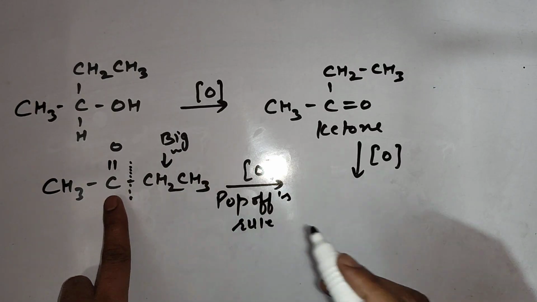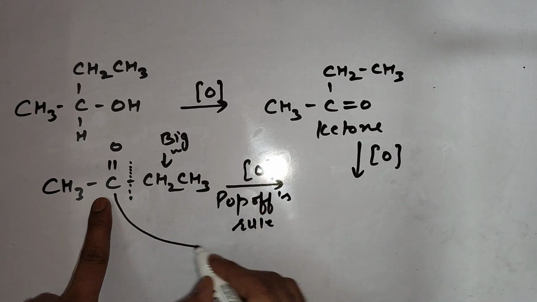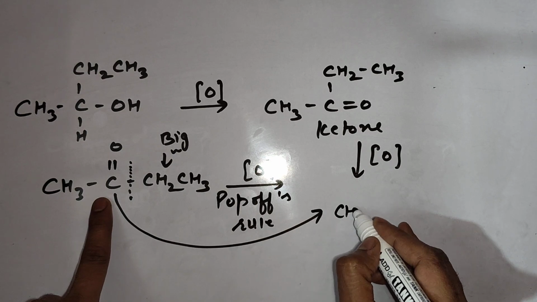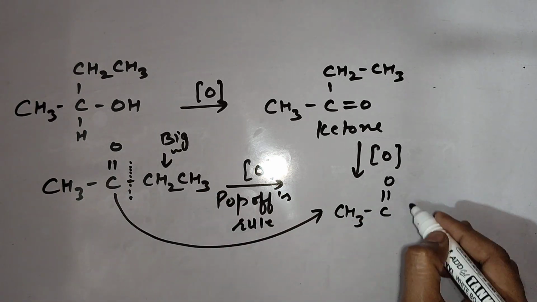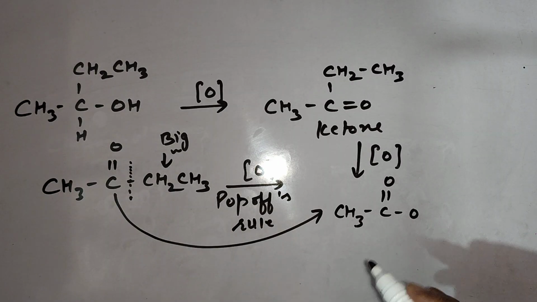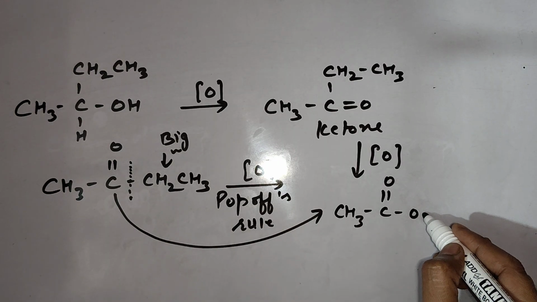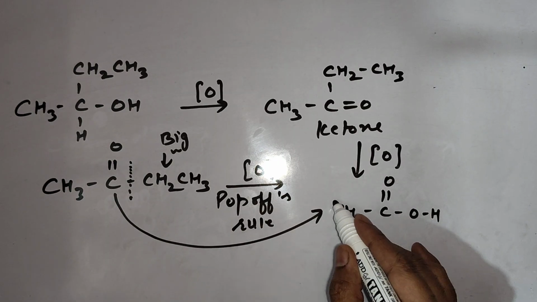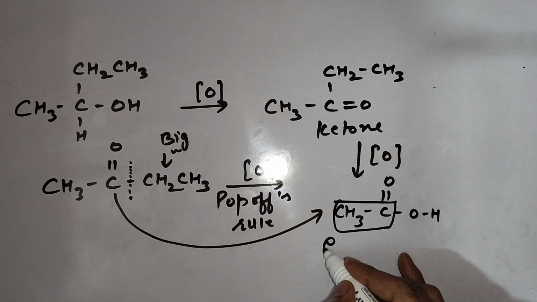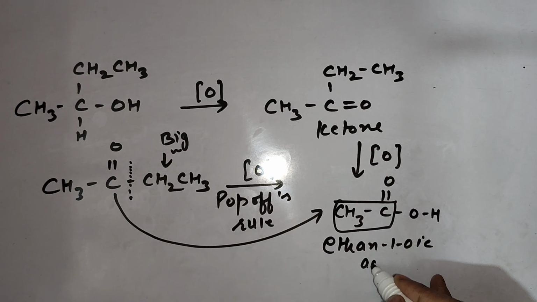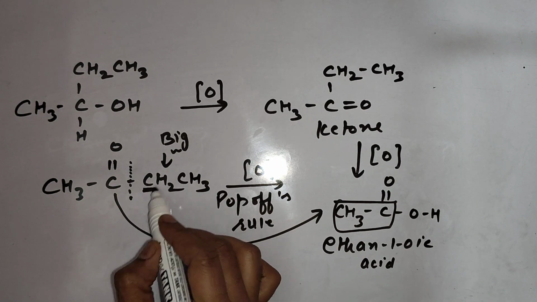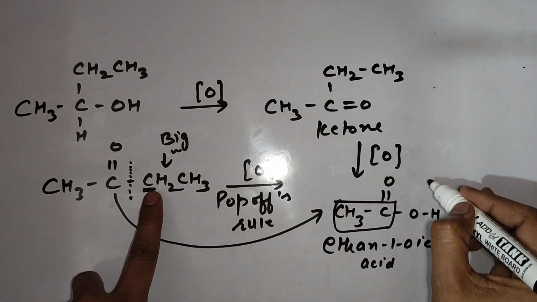So when the bond breaks, this carbon will show a separate oxidizing product. Already it is making 2 bonds with oxygen. The third bond it will make with oxygen like this, and the valency of oxygen will be satisfied by hydrogen. So which product is generated? Carboxylic acid, named ethane 1-oic acid. And what about this carbon? This carbon will get its first oxidation.